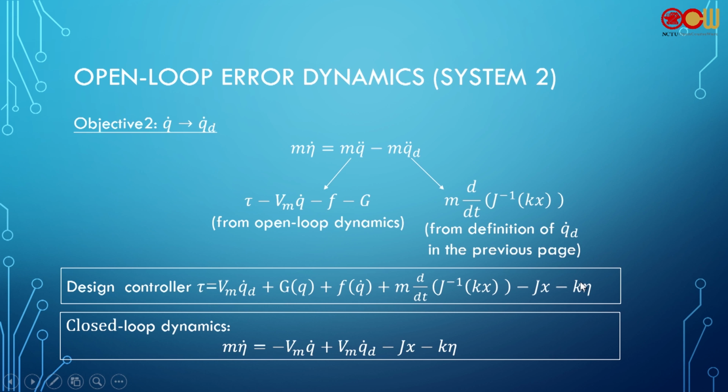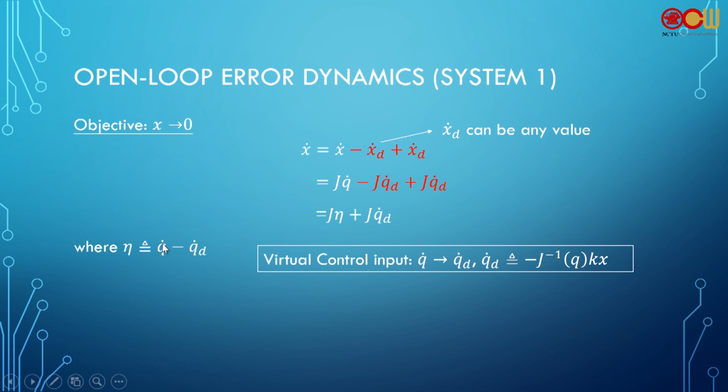Eta is a virtual control. It doesn't appear physically, but it helps you. You can consider eta as a signal that will have to be implemented in the control. The signal is defined as the mismatch between Q dot and QD dot. Q dot can be measured. QD dot is defined as this, which is a function of X. So that's how you implement the physical controller, which might contain the eta signal. Virtual control is only used to help you do the analysis.